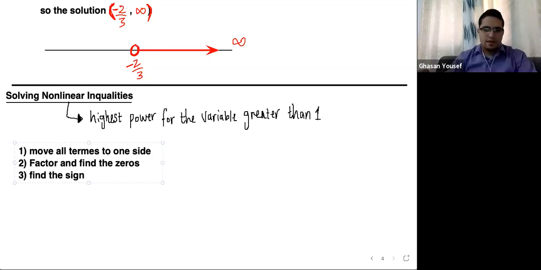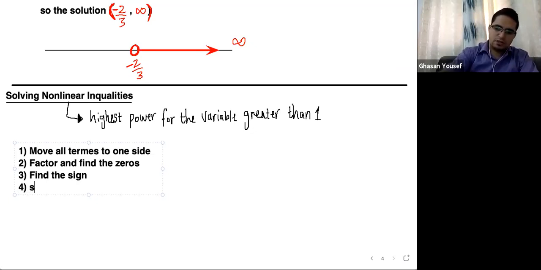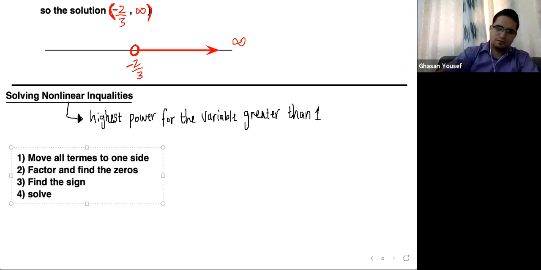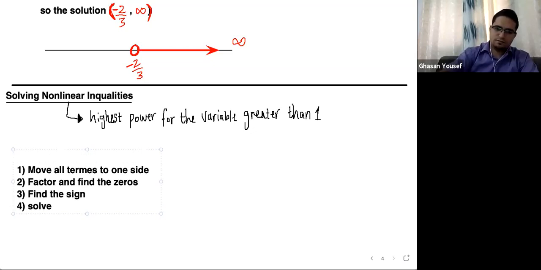I mean, find where the equation will be positive, on which side, and when the equation will be negative, after which number. I will show you how to find the sign by example. Number four, the last one, is solve. For solve, we have to give the solution.